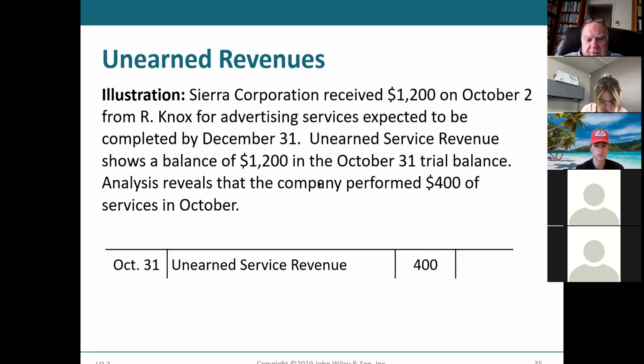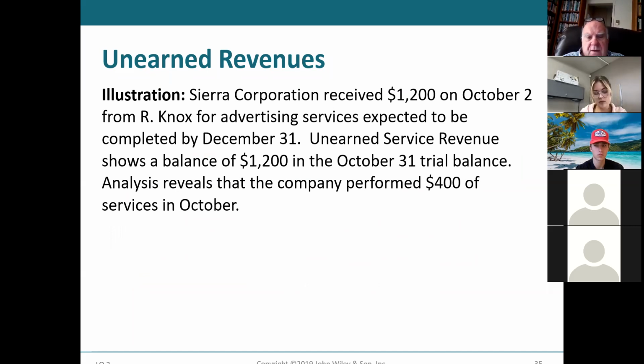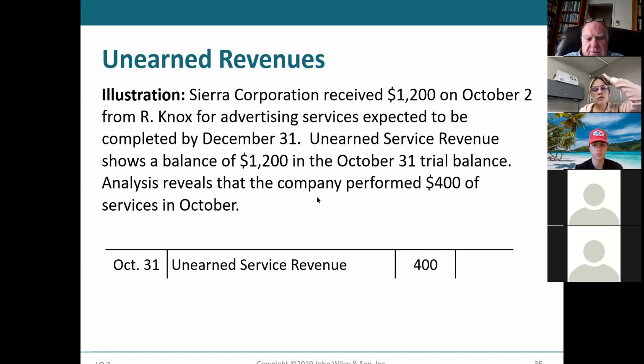Sierra received $1,200 on October 2nd for advertising services expected to be done by the end of the year. Unearned service revenue had a balance of $1,200. Analysis revealed the company performed $400 of that amount. There's your adjusting journal entry. You debit unearned revenue $400, credit service revenue.